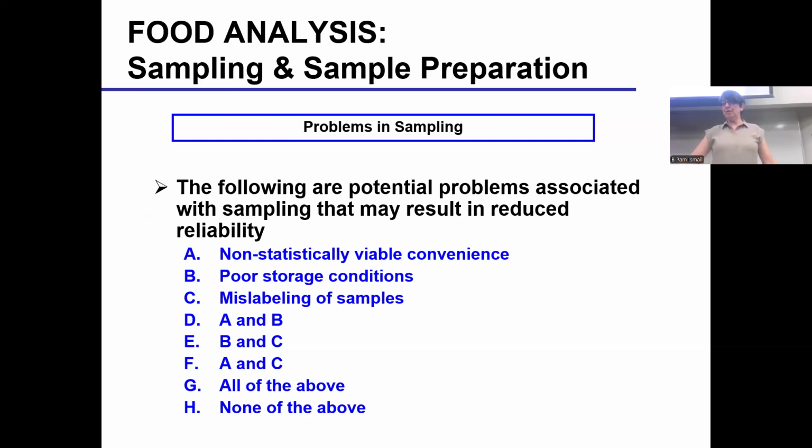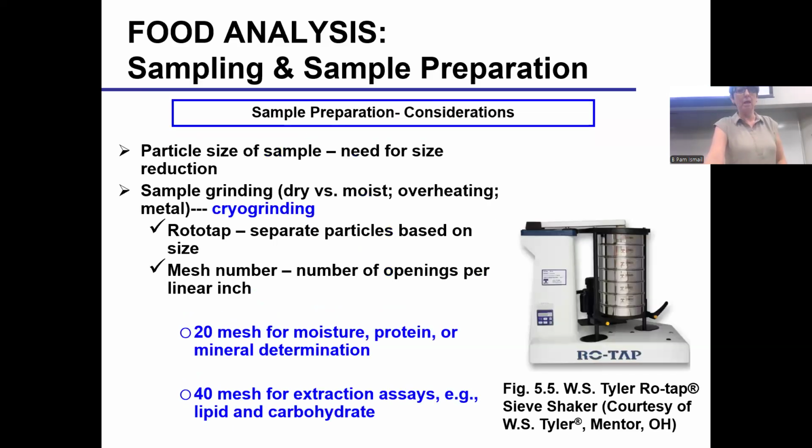Poor storage, obviously, high moisture, high temperature, or high humidity, will change the composition of your sample. Mislabeling, obviously. That is very silly, but a very common mistake.